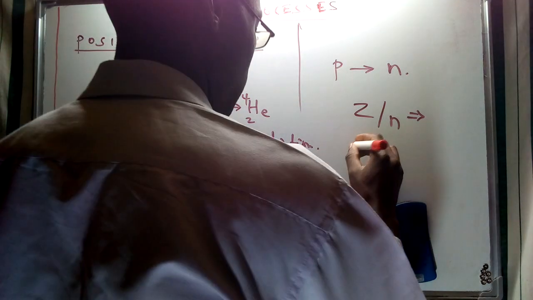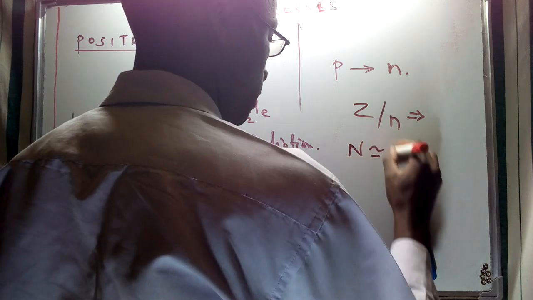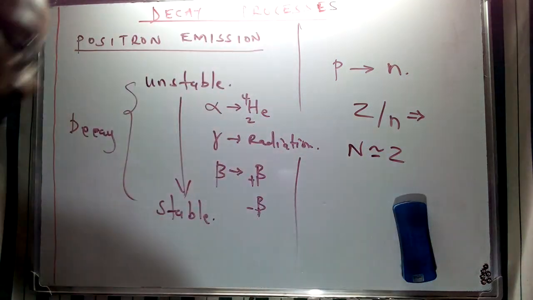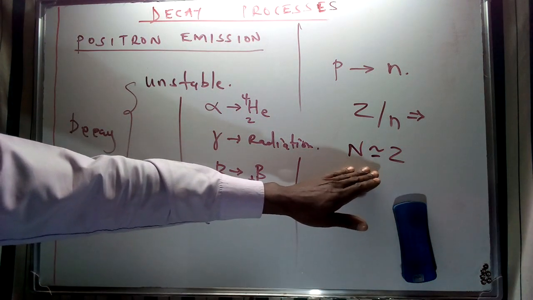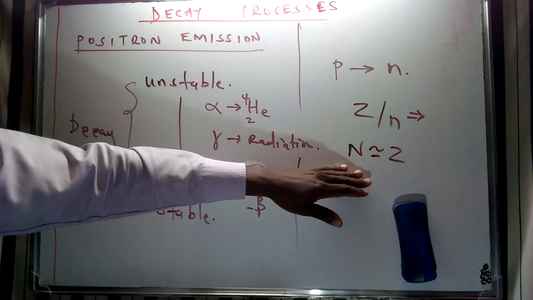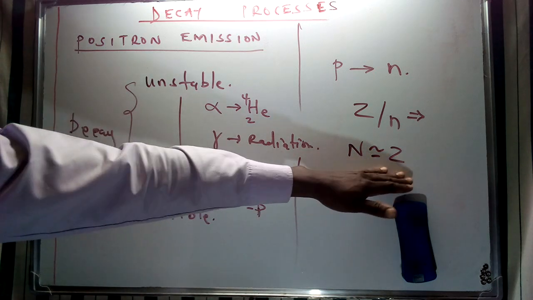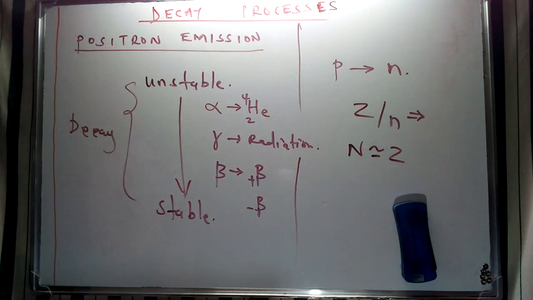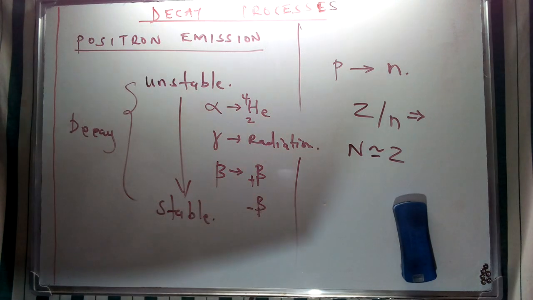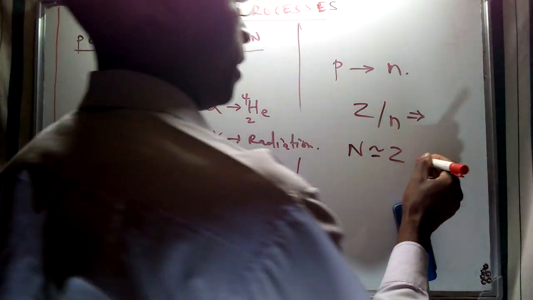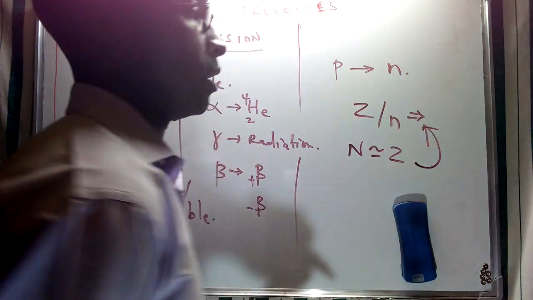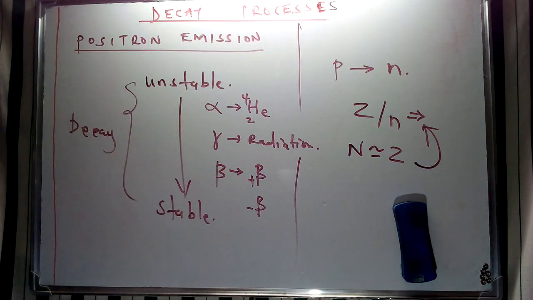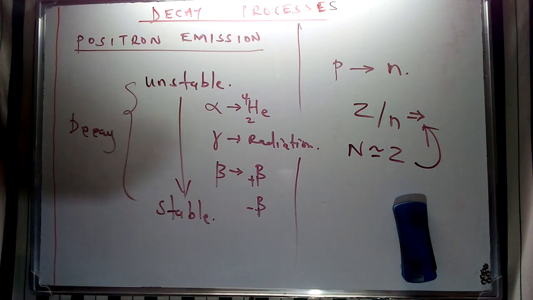When the number of neutrons and protons is roughly equal for lighter elements, this leads to stability. Therefore, there has to be a specific ratio kept for an element to be determined as stable or not.